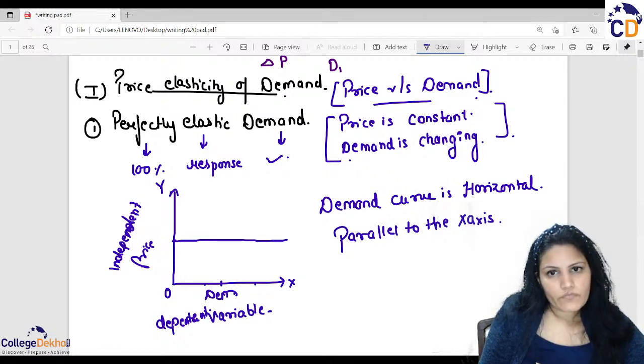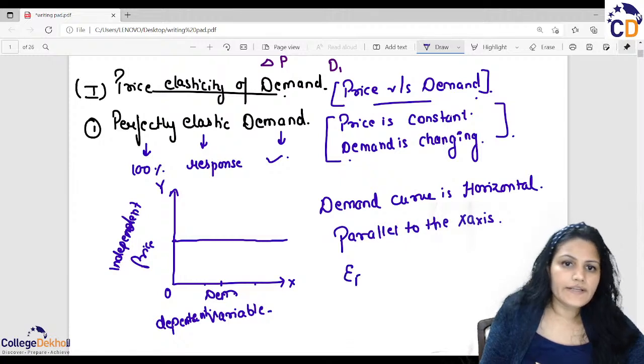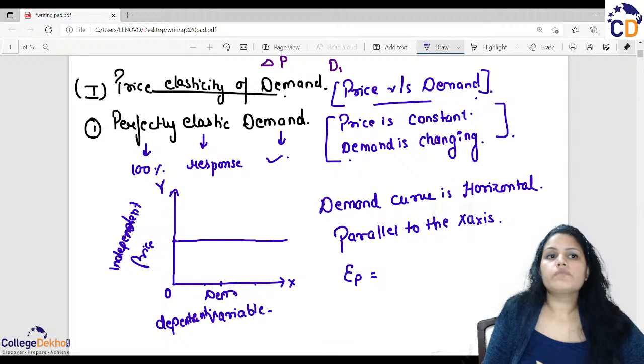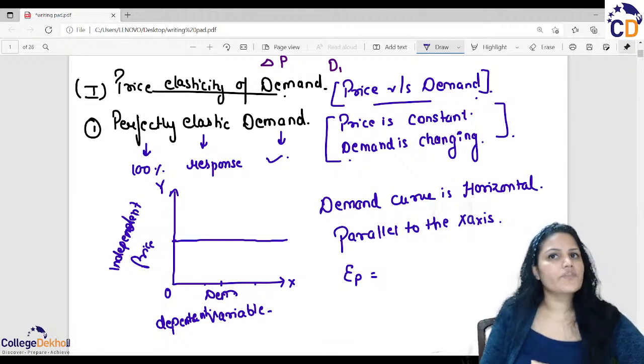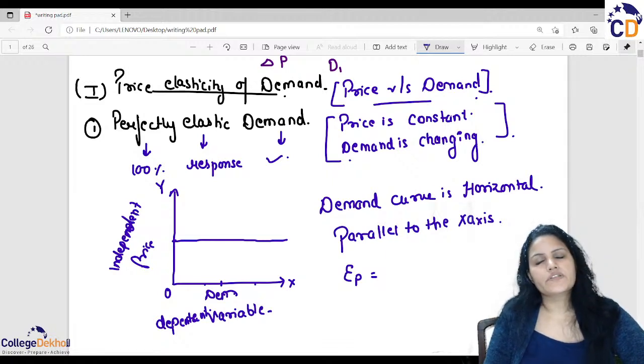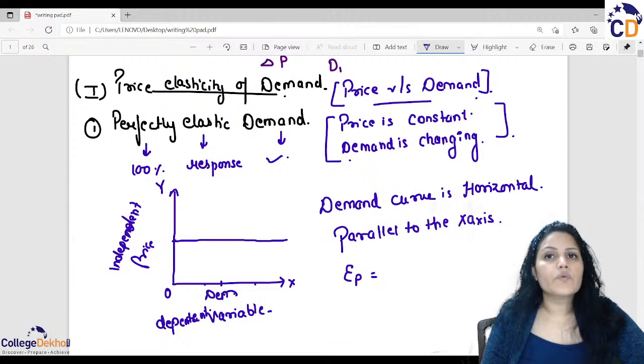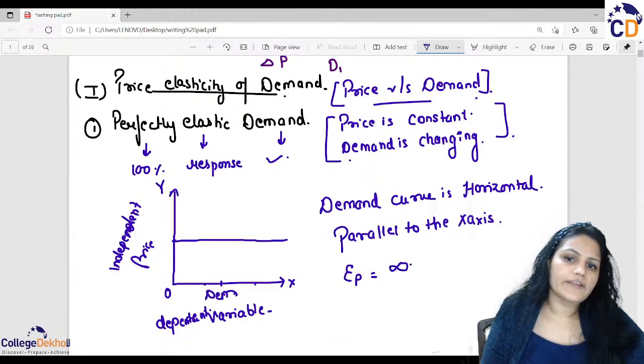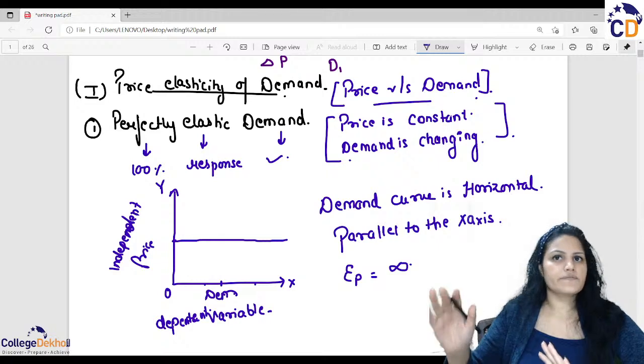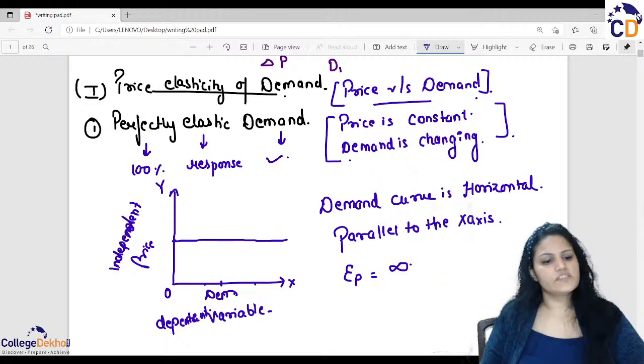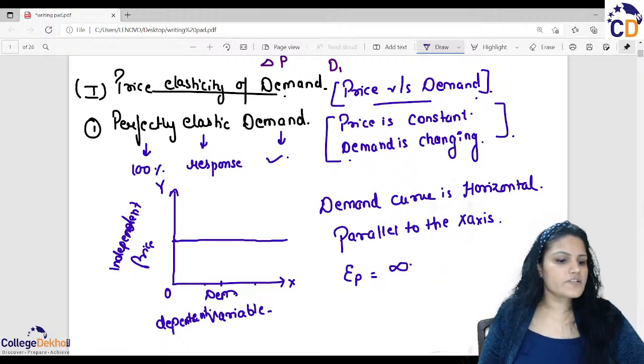Next, EP equals infinity, because under the price elasticity of demand we are comparing demand versus price, and here price is constant while demand keeps changing at all points.